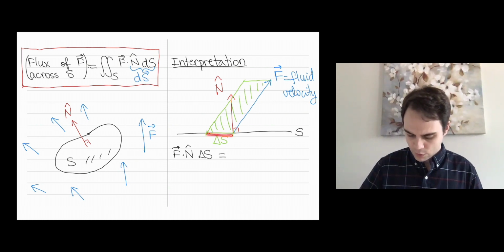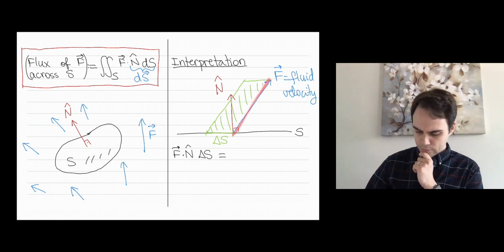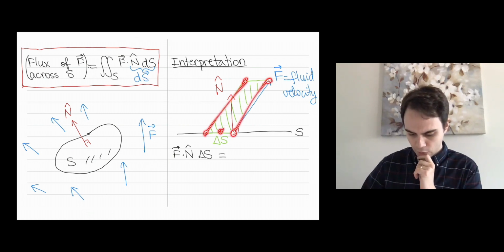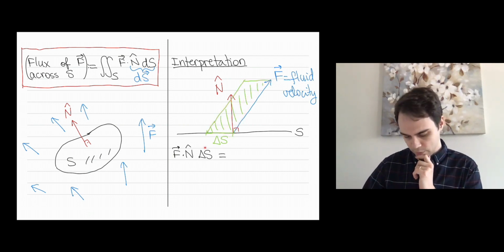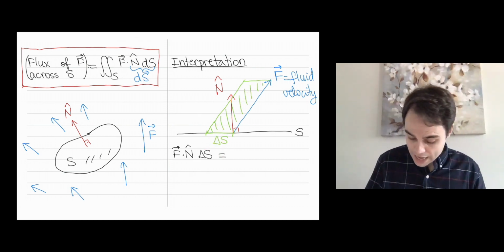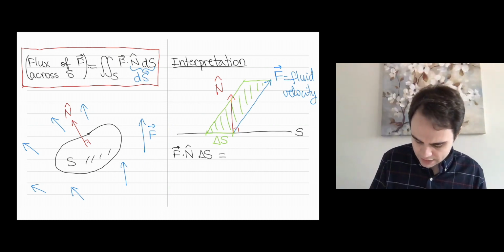Similarly, if you wait 1 unit of time, then the fluid that was here will have ended up there after 1 unit of time. And similarly for all of them. As this point moves here, some fluid particles that were behind it occupy the other points, and then you get this little tower. And the volume of this tower is the area of the base times the height.